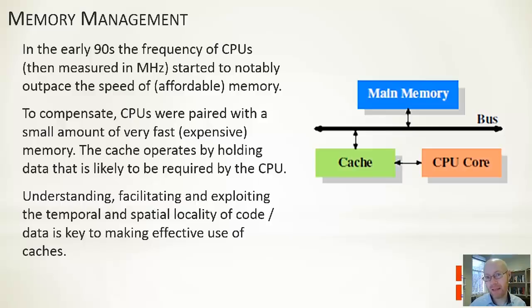It is important to understand a little bit about how they work, and when we're writing our programs, it's very beneficial that we structure them in a way where the caching assumptions will be true, so that the data we want to access and the instructions we want to be executed are likely to be stored within the cache and hence available to the CPU.